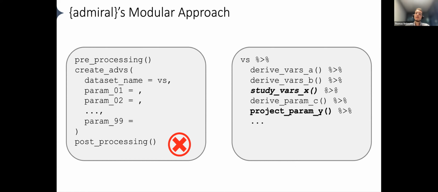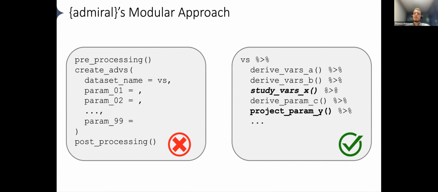And also very importantly, why we think this is quite a nice approach is that you could easily slot in either study specifics, or if you have a project like a compound or molecule level, maybe you have to define some standards there. You could also slot in project level functionality.